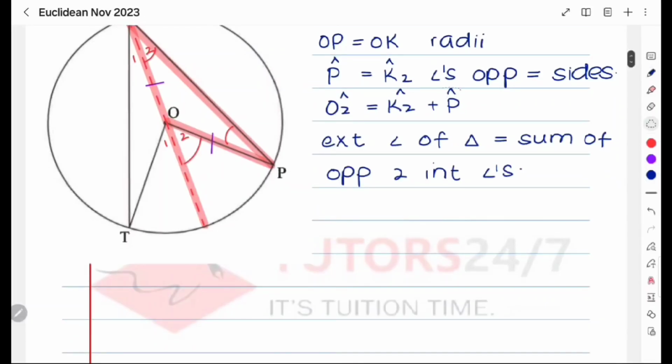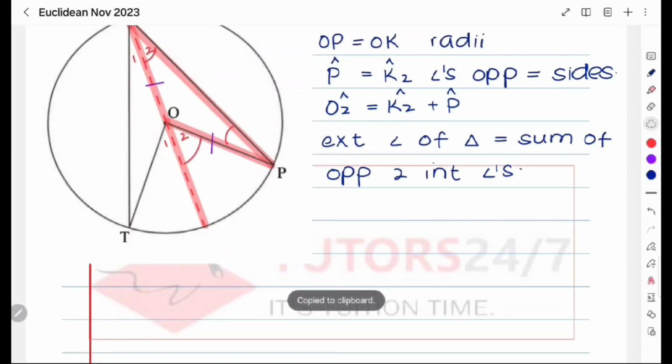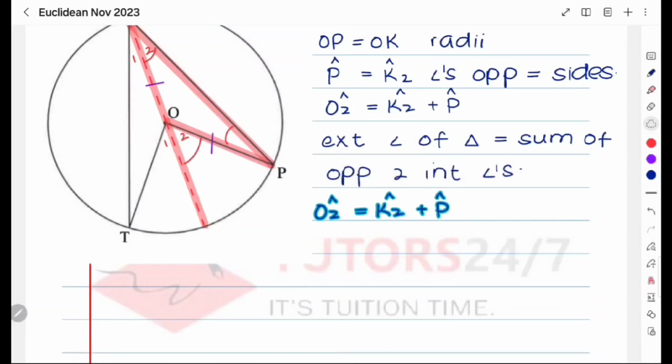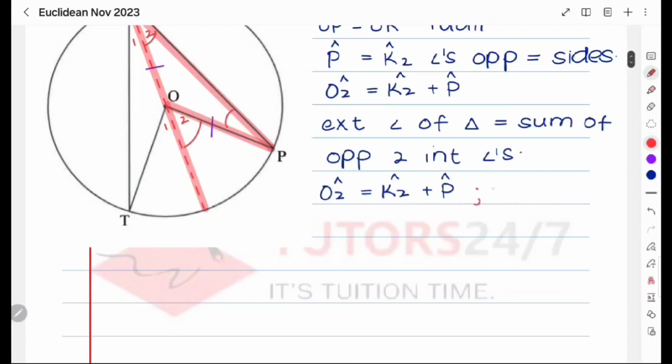So I'm just quickly going to copy this equation and then we are going to continue. So here, please take note that it was previously mentioned that the angle P is equal to the angle K2.